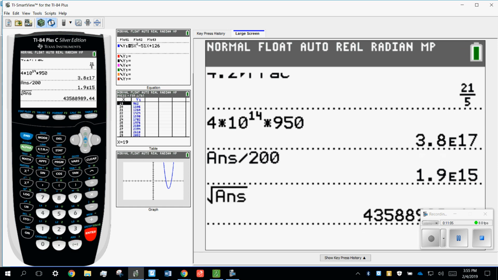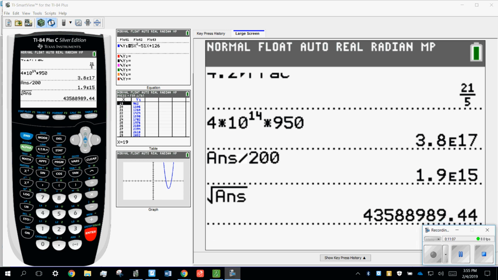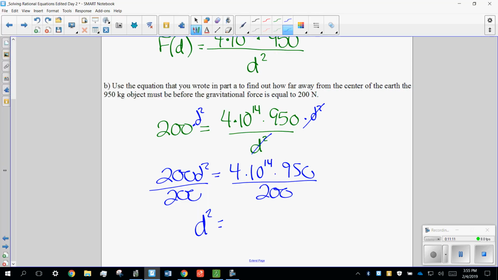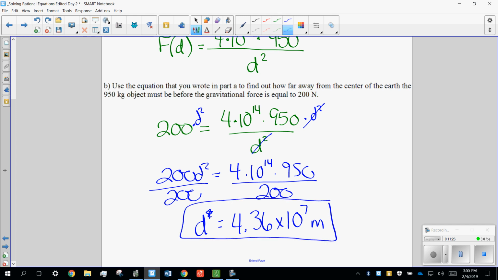And it gives us 435,889.89. And if you want, you can write that in scientific notation. So I guess we would have a positive and a negative, but you're not going to have a negative distance. So let's write that in scientific notation. 4.36 times 10 to the 7th meters. That's the distance.